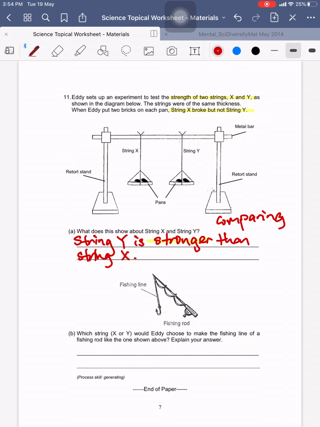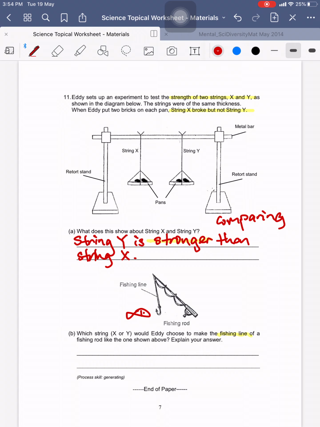Okay, for part B, which string X or Y would Eddie choose to make the fishing line? Alright, so the object we are talking about here is the fishing line of a fishing rod like the one shown above. Now we understand that the fishing line, of course, is used to catch fish, which can be very heavy.